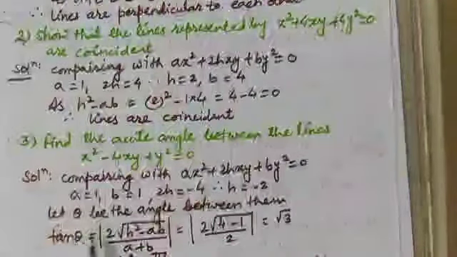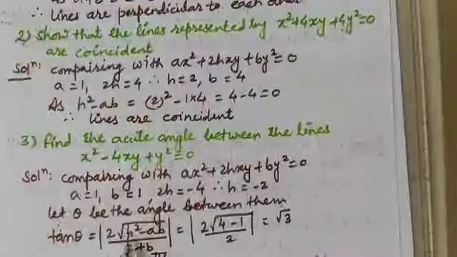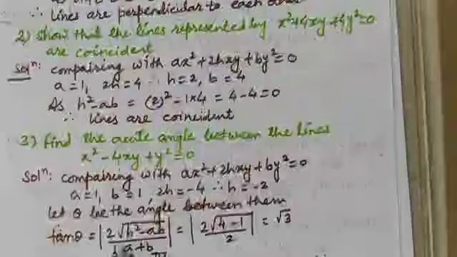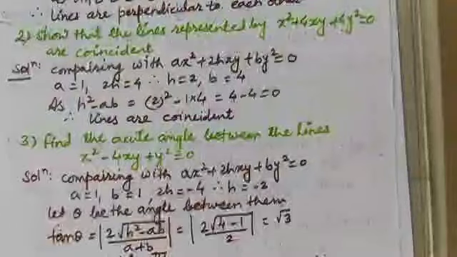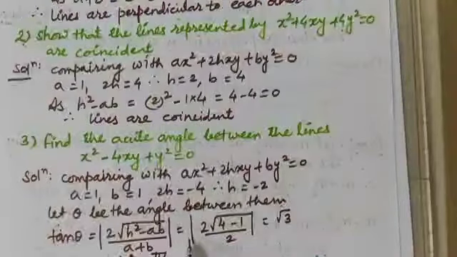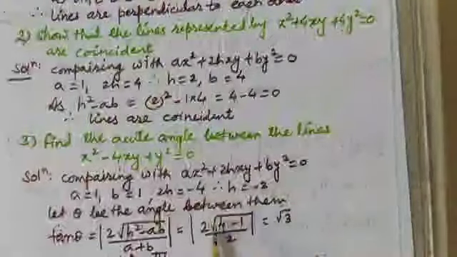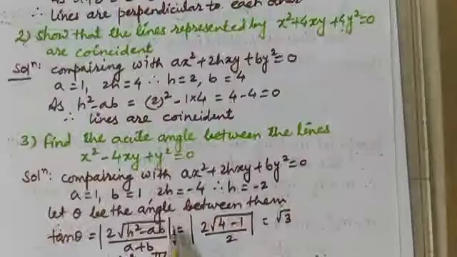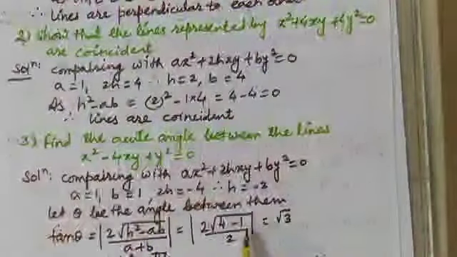Then we consider theta as the angle between them, and tan theta is given by the formula. See the formula. The formula is necessary always: 2 into root of h square minus ab by a plus b. Put the values in the given formula. After putting the values, 2 as it is, h square means minus 2 square, that is 4, minus ab, a into b, a means 1, b means 1, 1 into 1 is 1.